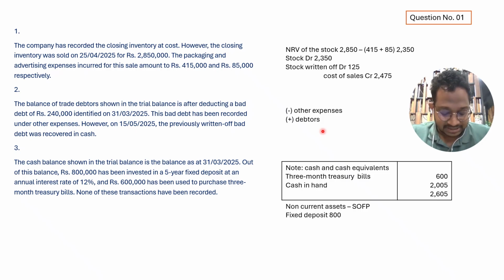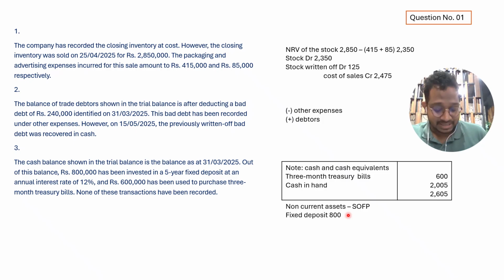Next, it says the cash balance shown in the trial balance is the balance as per 31st March 2025. But on this date, out of this balance, 800,000 has been invested in a fixed deposit. So that fixed deposit you have to mention in SOFP under non-current assets, after property, plant and equipment and right of use of lease property.